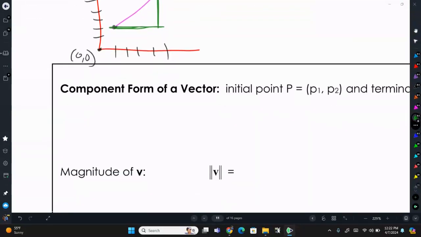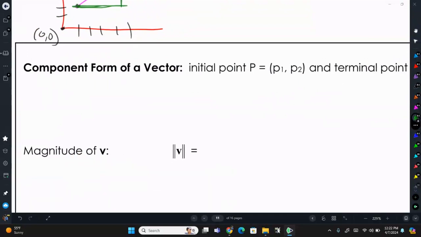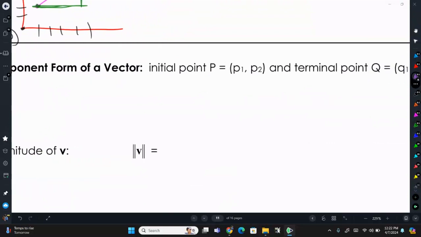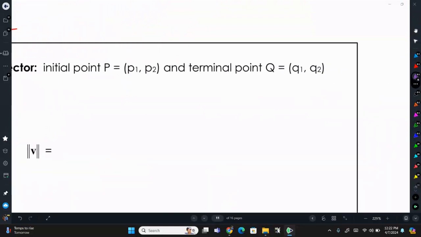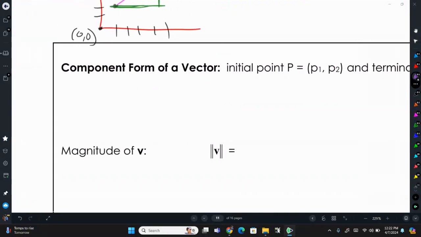And we're going to write that down here like in a type of formula, where if I have two points, P equals P1 comma P2 and Q equals Q1 comma Q2, the vector would equal the x values subtracted, and it's always the terminal minus initial.